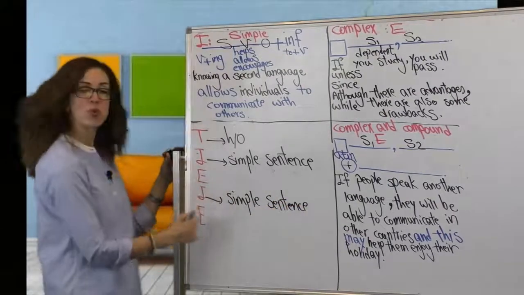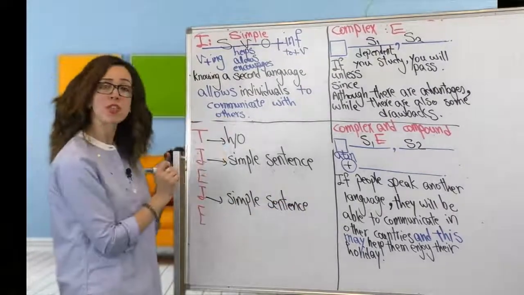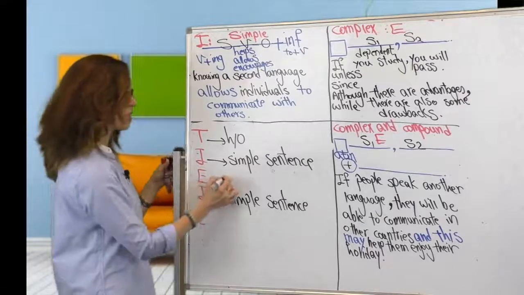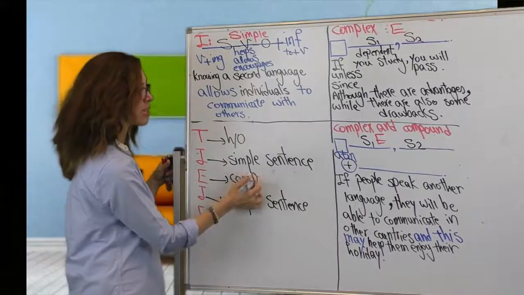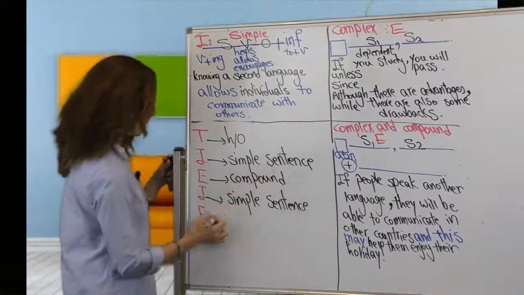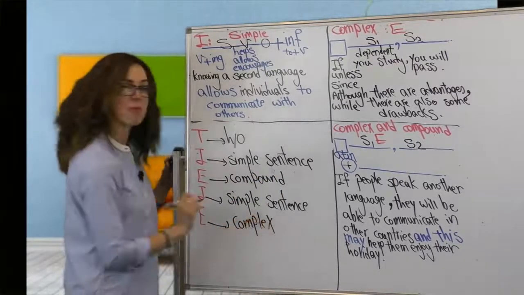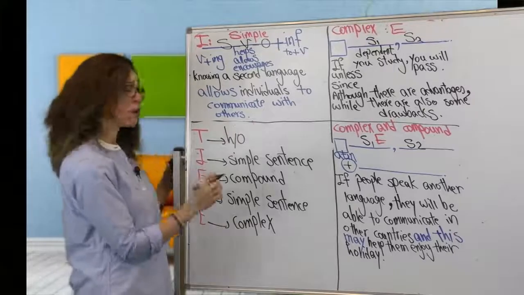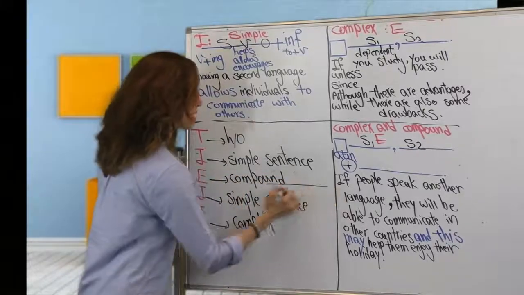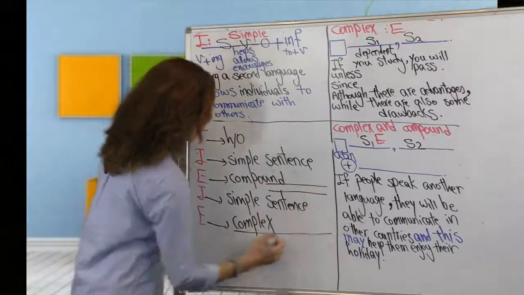Now you have got two E's and three different structures. Play with them. Use a compound here and then go for a complex sentence in the next part. Remember, what you needed was quite long sentences in this section.